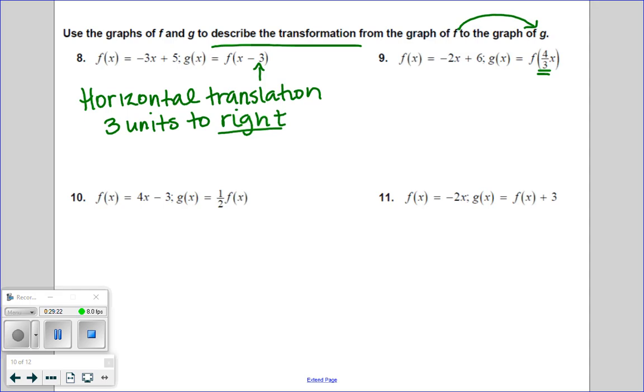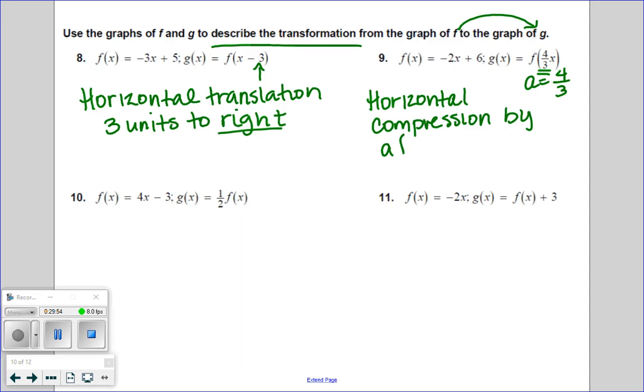What are we doing? Multiplying, so this is a stretch or shrink. Okay, so we're looking at horizontal, stretch or shrink. So now let's think about that a value. If that a value is 4/3, which is greater than 1, this is going to be a horizontal compression or shrink by a factor of what? 3/4, right?